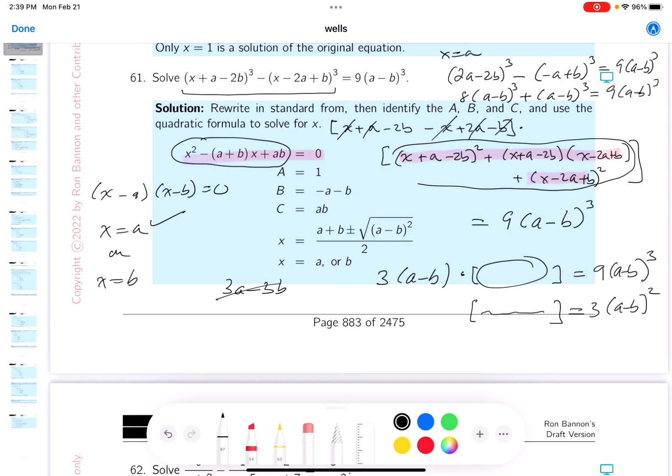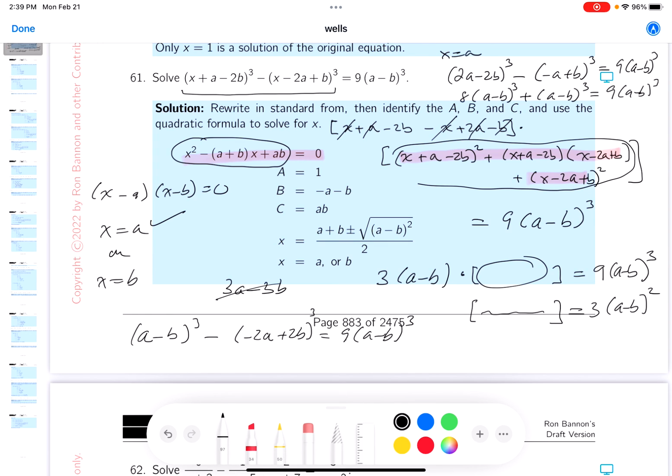Let's try the b. It's really not that much different, by the way. And if I tried the b, what do I get? Well, the first term would give me a minus b cubed. And the second term would give me minus 2a plus 2b cubed. And this, they say, is equal to 9 times a minus b cubed.